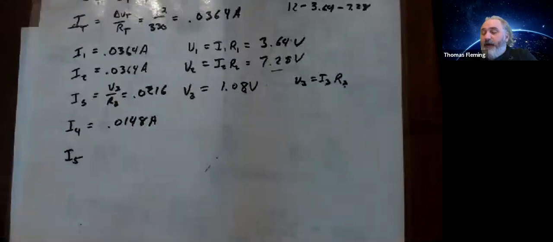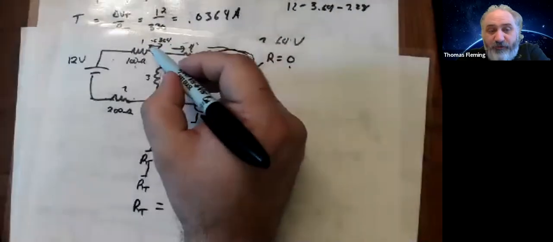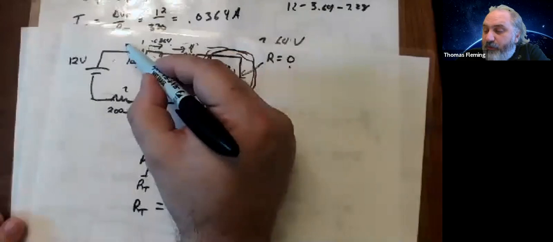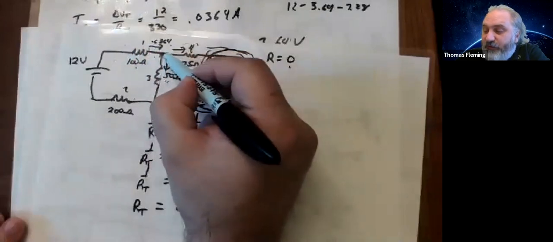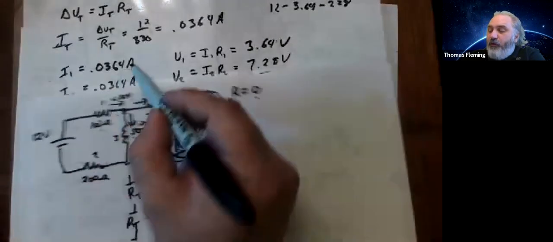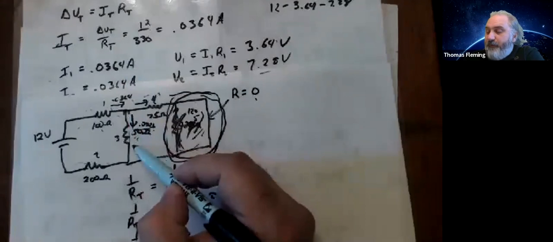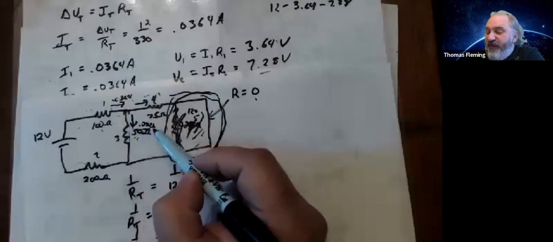So you said we subtract. I looked at the picture and said, aha, the current going through number 1 comes into that intersection. So I had 0.0364 amps. And I knew that the current going this direction through resistor 3 was 0.0216 amps.